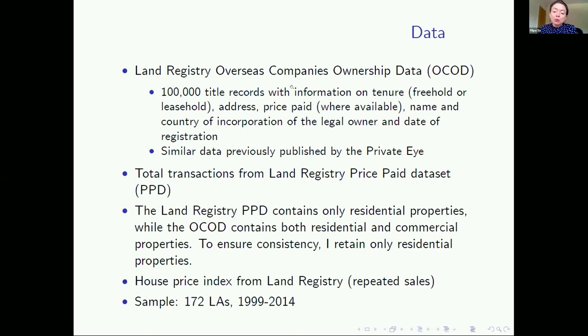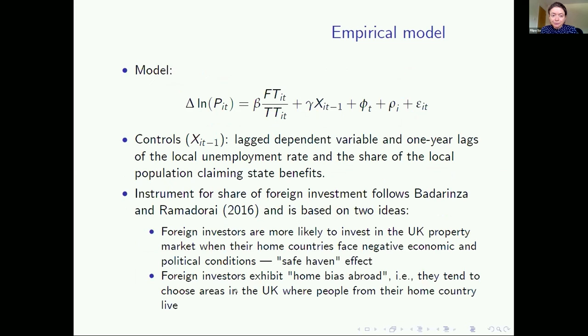So I will focus only on residential properties. The house price index is a repeated sales index and is from the Land Registry. So at the end, I have 172 local authorities, and the data goes from 1999 to 2014.